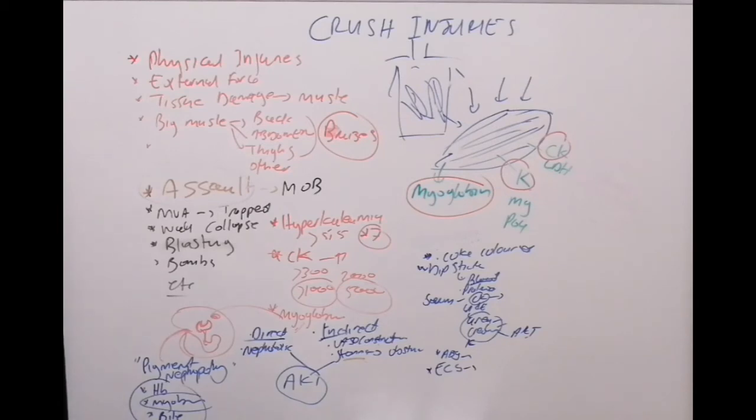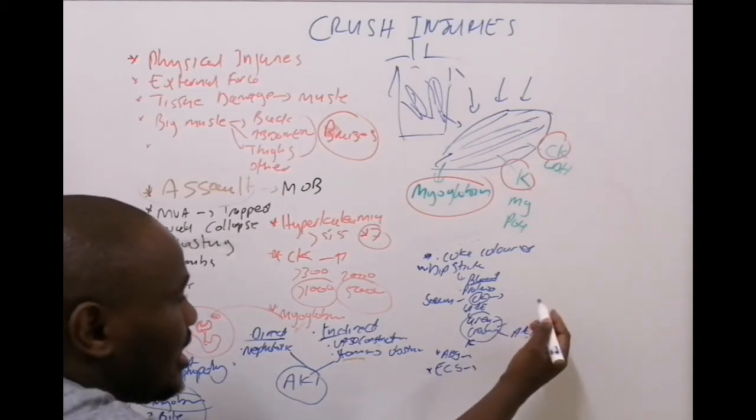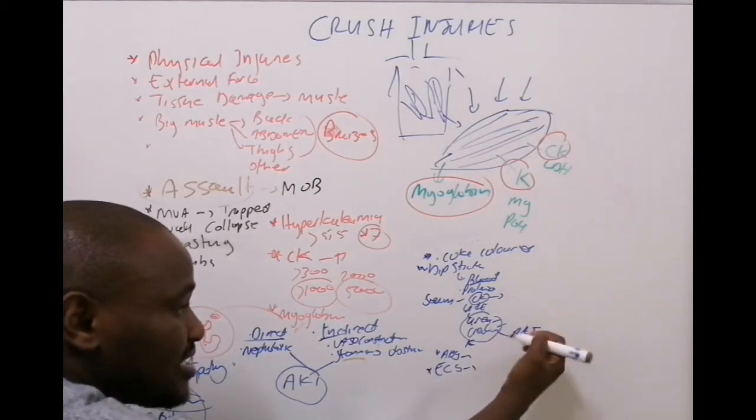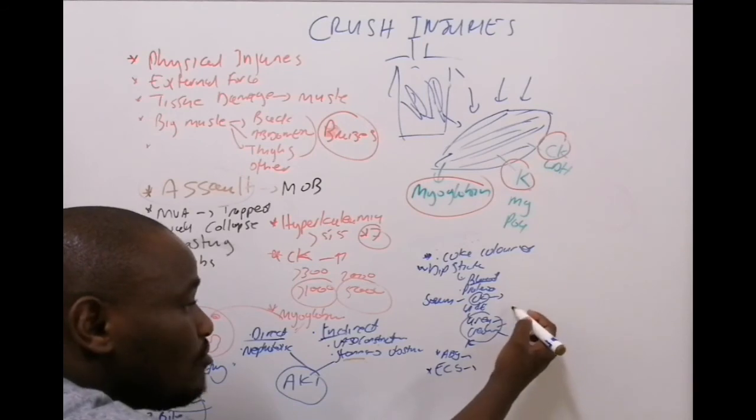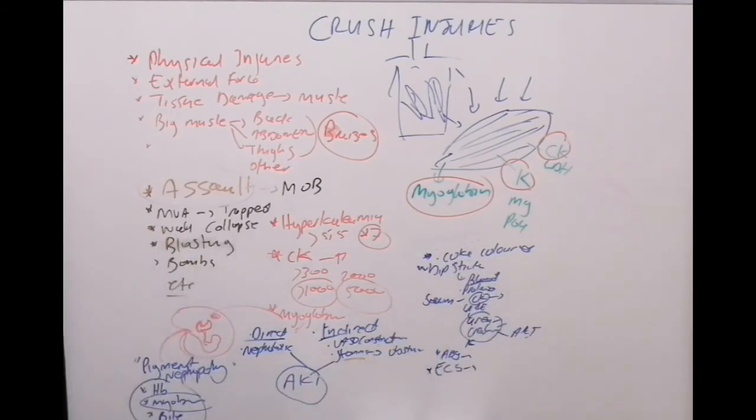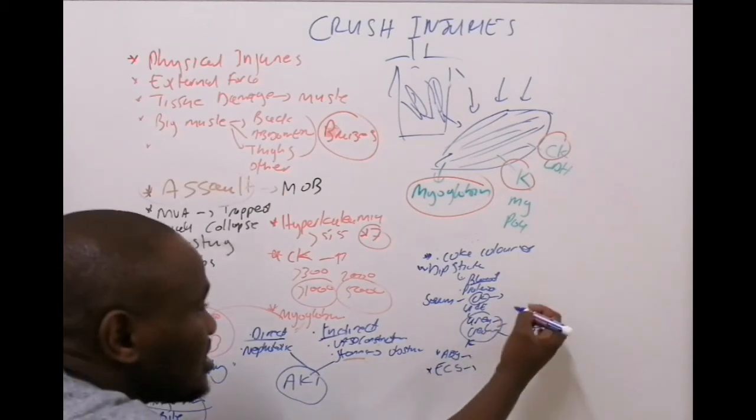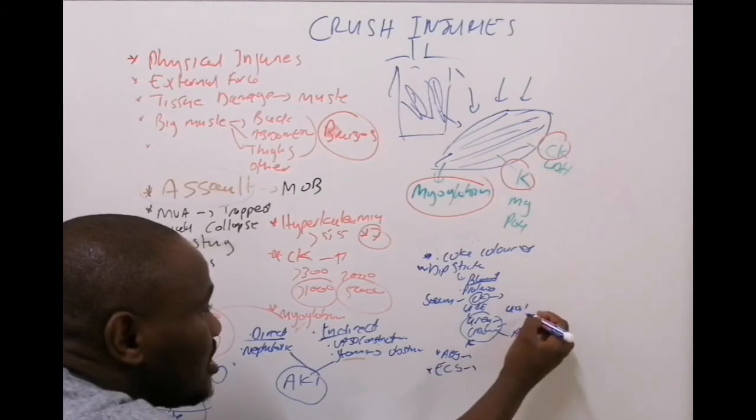I've had a patient that was complicated by this rhabdomyolysis. When he came, it was the day after he was assaulted. He already came with a urea of 40.1 and a creatinine of 821.